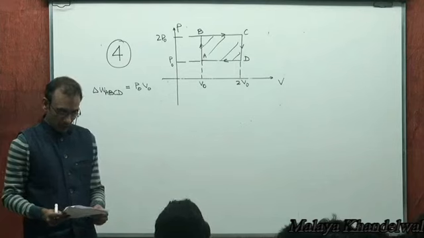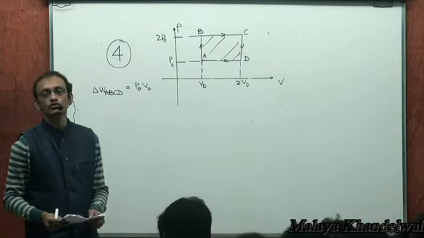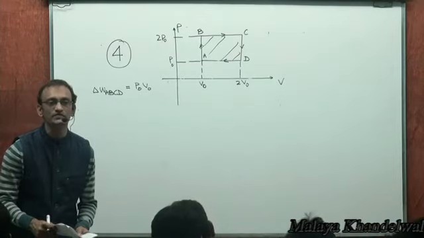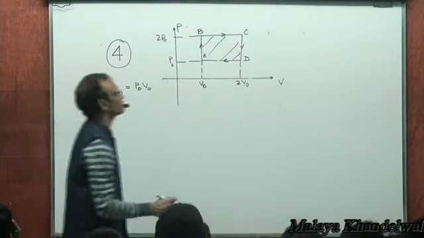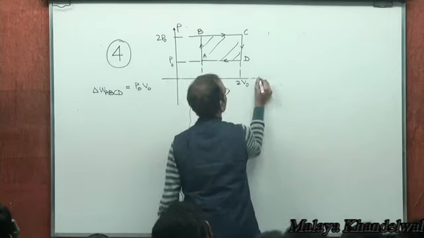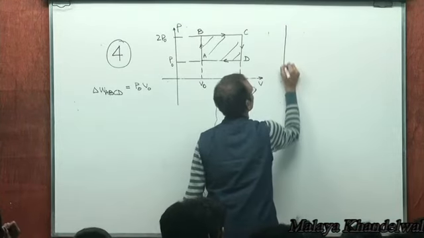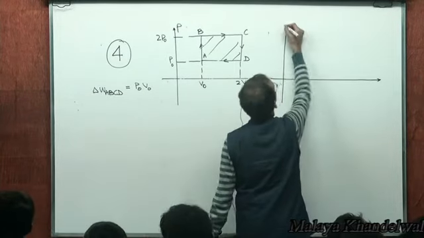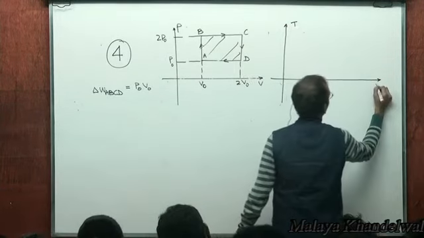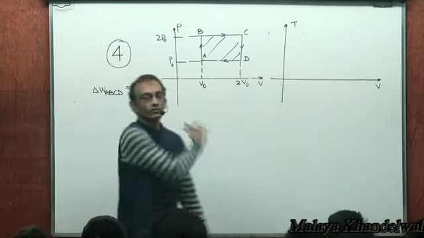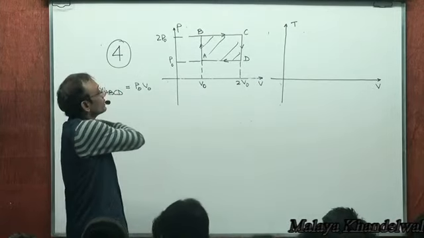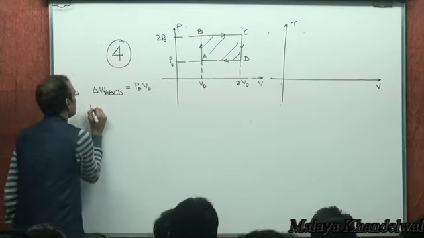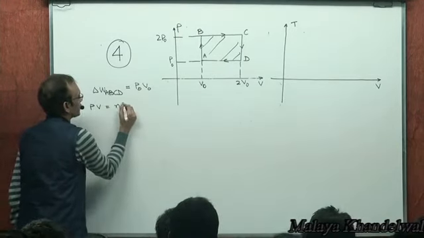Now, we next would convert this graph into a TV graph. This is pressure volume graph. Let's convert this into a TV graph. Now, AB is a constant volume process. See, PV equal to nRT.